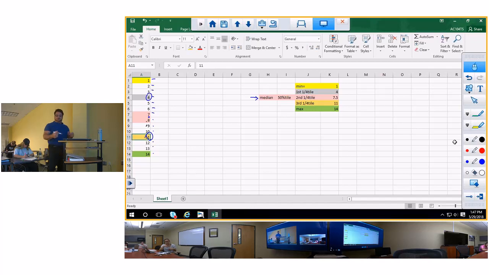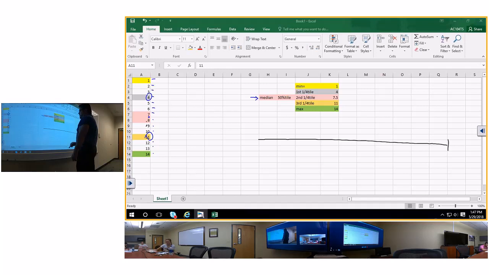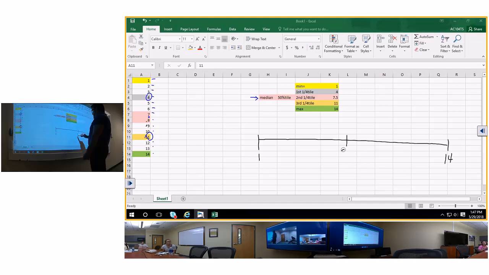So, what goes to the left? Left side would be 1. Right side would be 14. What's 14 plus 1? 15 divided by 2, 7.5.